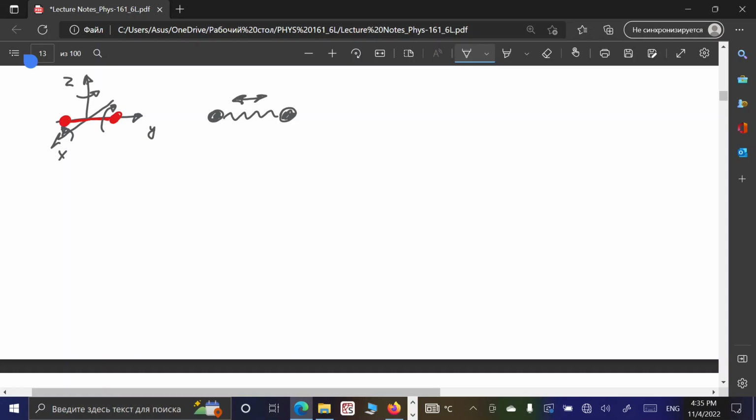So for instance, if we consider translational and rotational motion of the diatomic molecule of an ideal gas, then internal energy can be expressed as 3 times N, where N is the total number of these molecules, times 1/2 kBT.